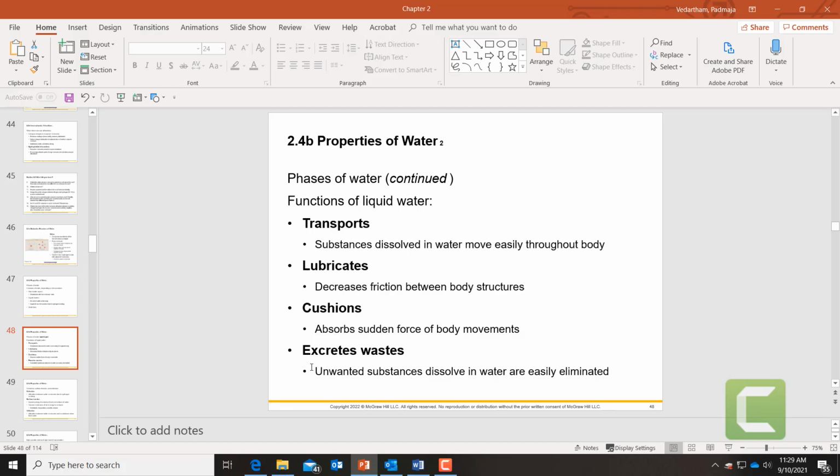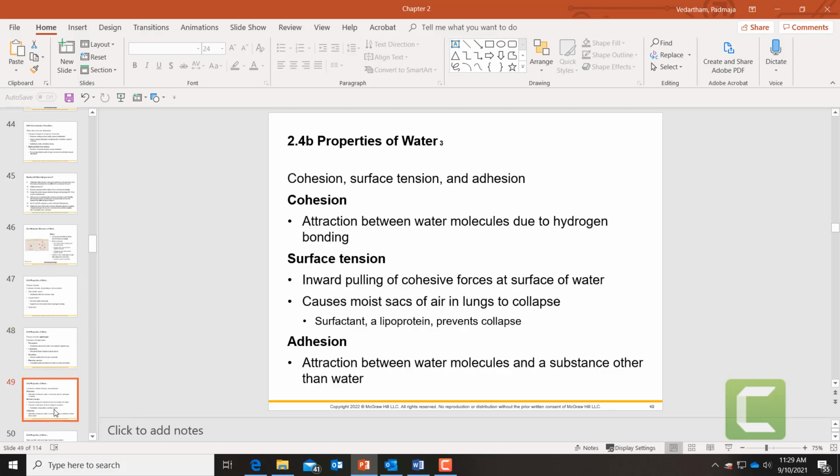And unwanted substances like urine are mainly water with unwanted substances dissolved in it, which is easily eliminated. The main properties of water which help with all these are cohesion, surface tension, and adhesion, and this is directly related to the hydrogen bonds.